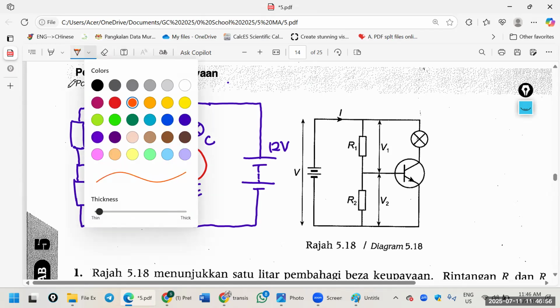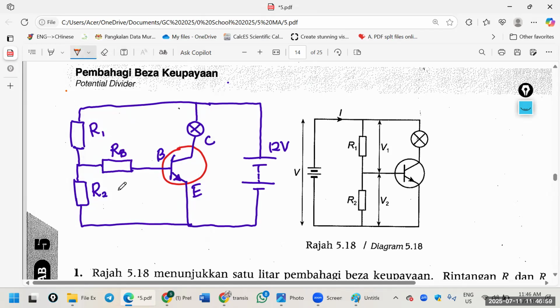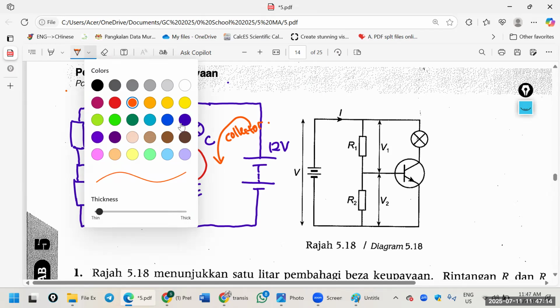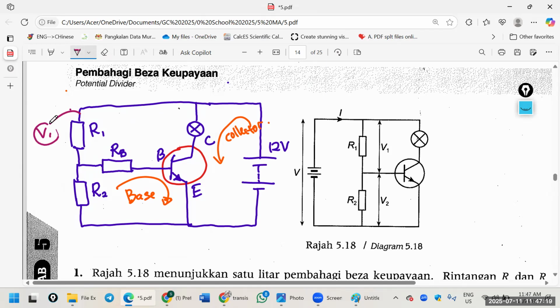Anyway, the base circuit is also at the bottom. Get the idea? The collector circuit is still on the right. That's why normally we say this is B1 and this is B2. When I say B1, B2, I'm saying up and down. Of course, sometimes the question changes the name, it doesn't matter.